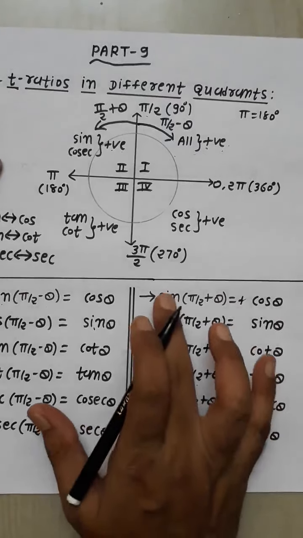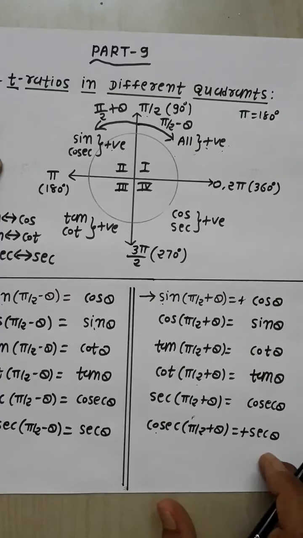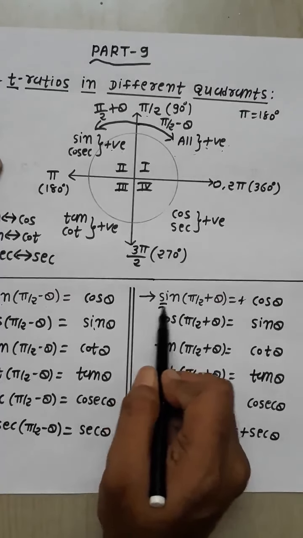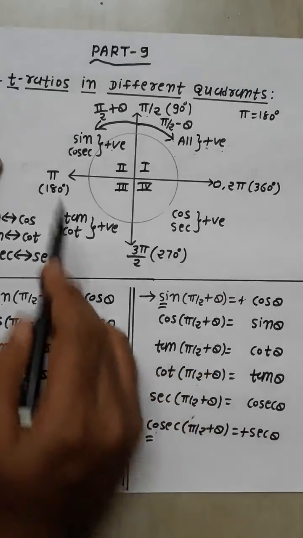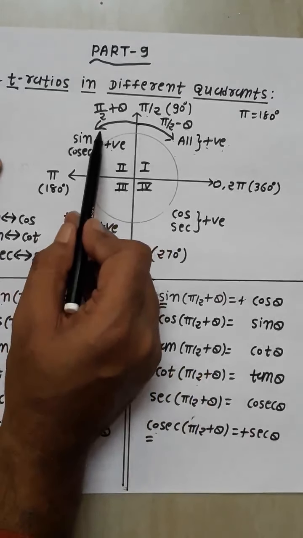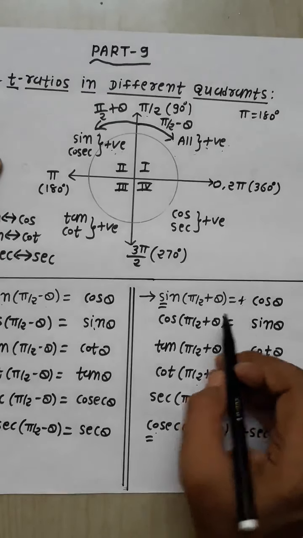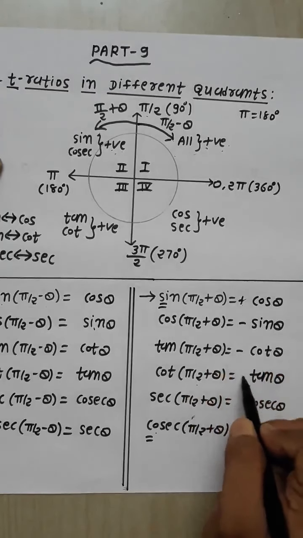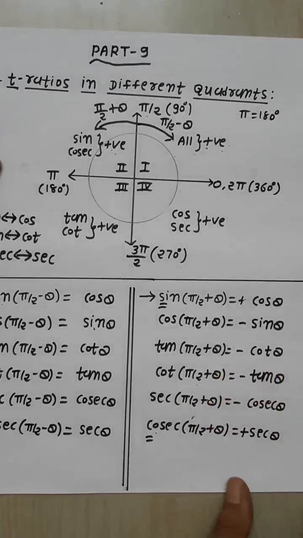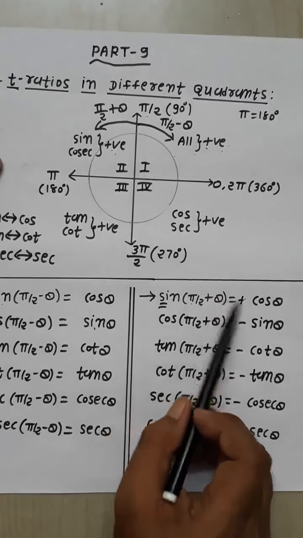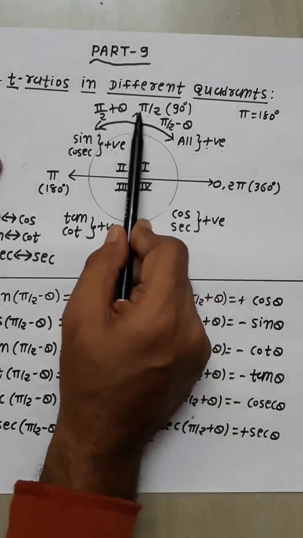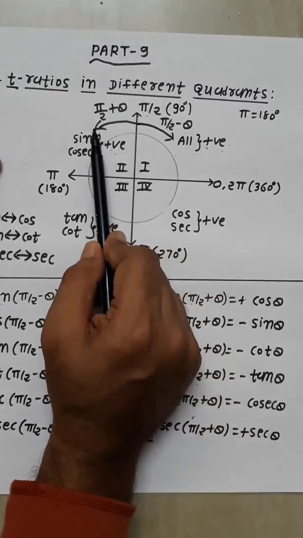Both values are positive in the second quadrant, the remaining four are negative, so that's why we apply a minus sign to the remaining four functions. Clear?